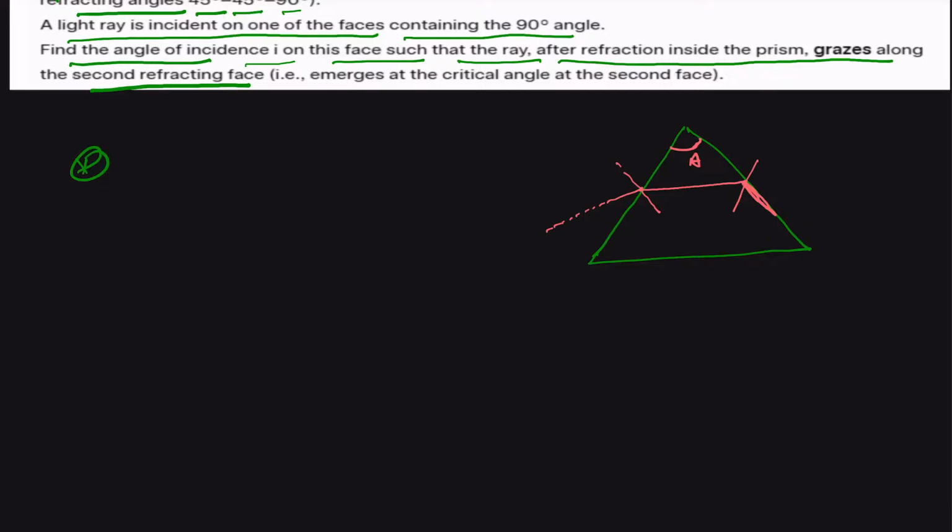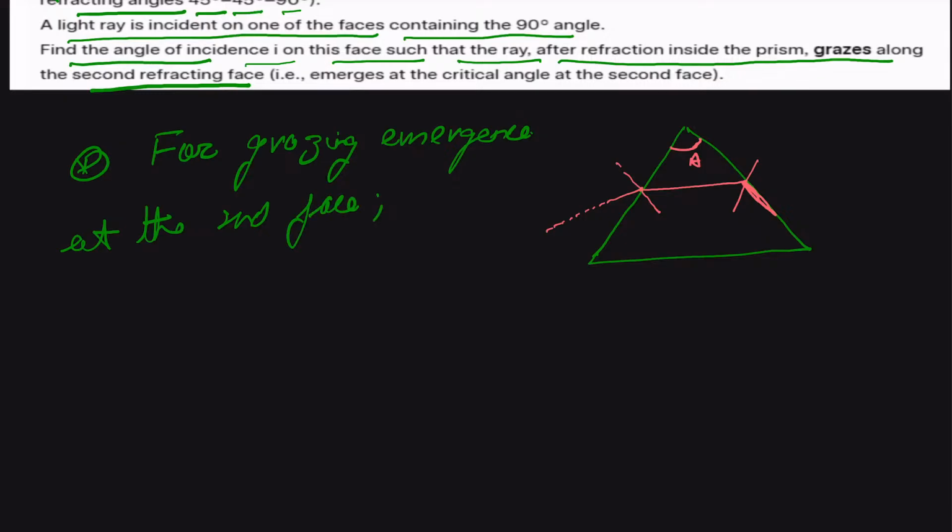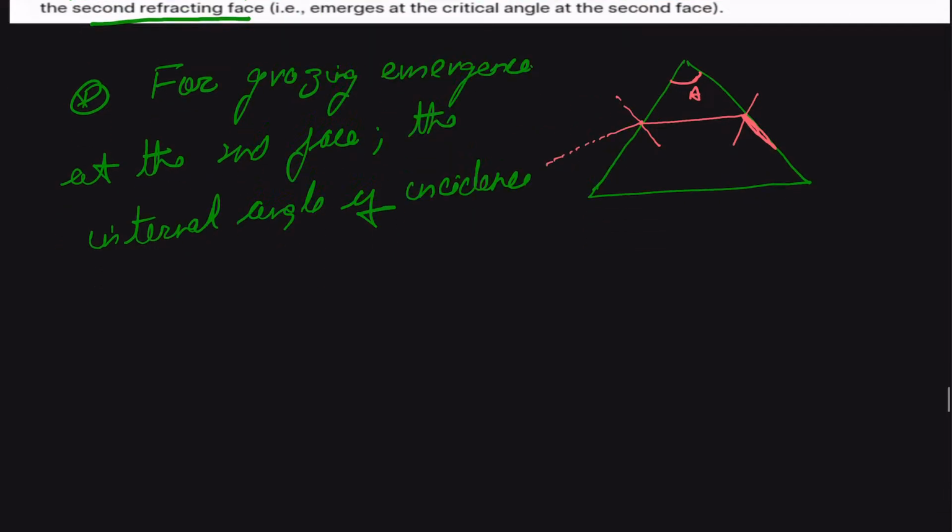So we can say for grazing emergence at the second face, the internal angle of incidence must be the critical angle.